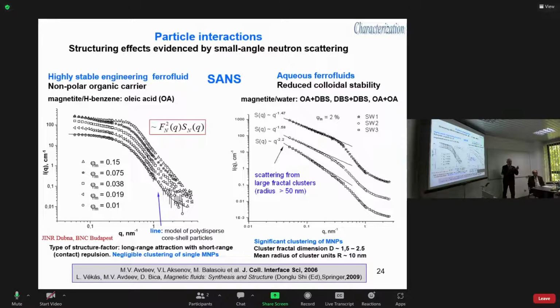So if you look in the literature overall on ferrofluids, you will see that the overall issue is the formation of clusters, the stability which is not as long term as we would like to have, and so on. The main reason is the high polarity of the carrier, of course. So the stabilization has several issues to solve. Well, here is the scattering pattern. We show that we have aggregates, fractal type aggregates, and here we do not have any such, up to the highest concentration. But this is only an example.